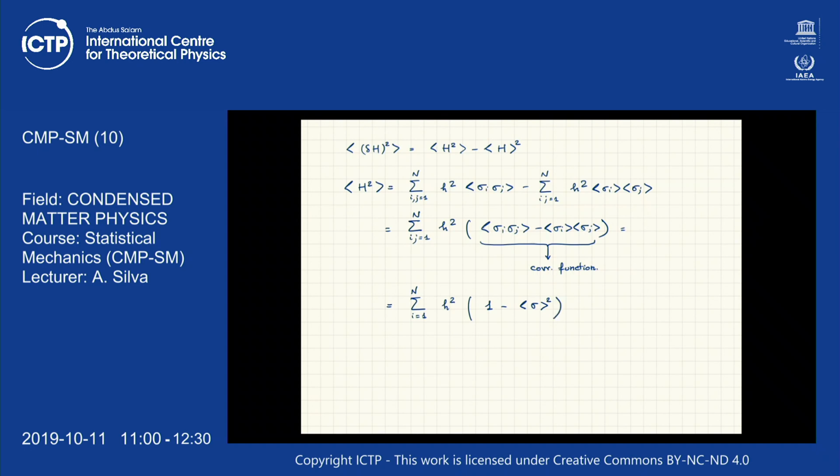And now, if you think for a second, this is going to be n h squared times 1 minus the average of sigma squared. Sorry, I wrote something wrong here. This is minus h squared. So you see explicitly in this calculation that this quantity does depend on n, as I wrote down before, through this mechanism. Okay?